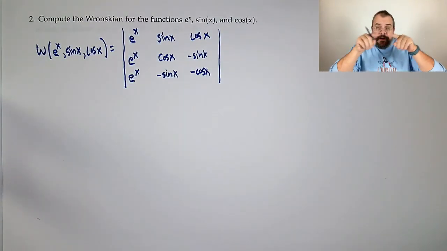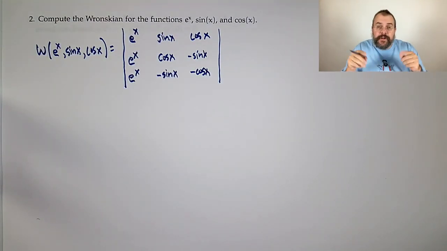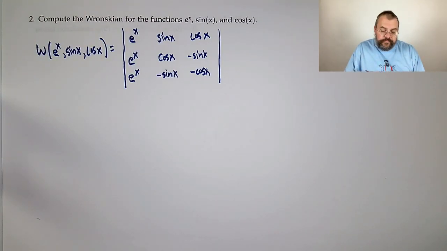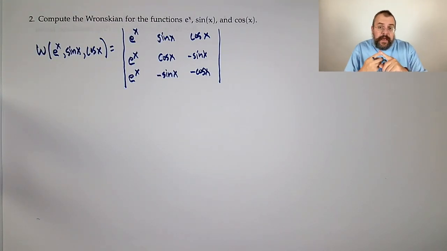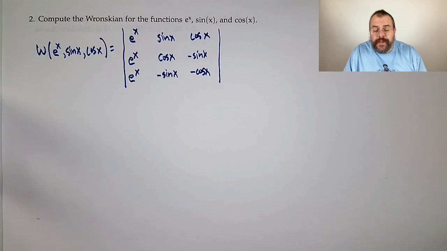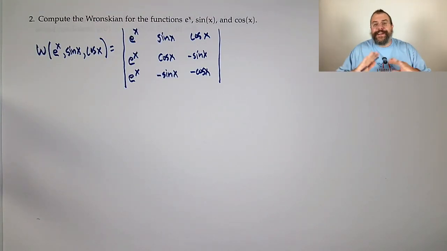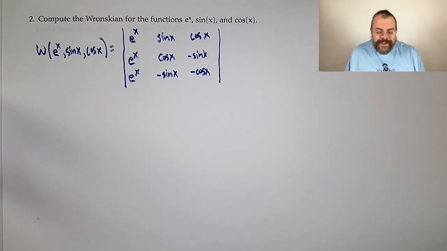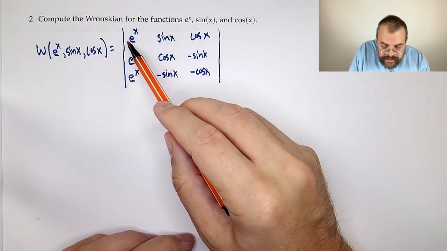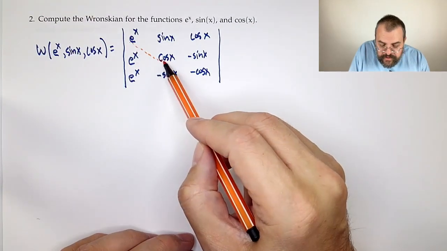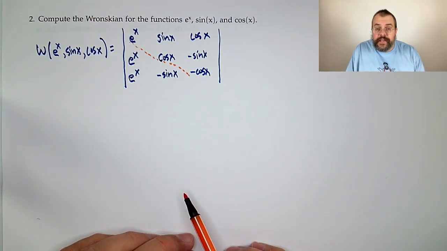So we set up our little matrix here, and we're going to take the determinant of this. Now you can do it by cofactor expansion or diagonals. And diagonals work if you're dealing with something which is, say, 3 by 3 or 2 by 2. And on an exam, we would not ask you to do 4 by 4. So here we go. I'll do diagonals. I like diagonals. So we have e to the x times cosine x times minus cosine x.